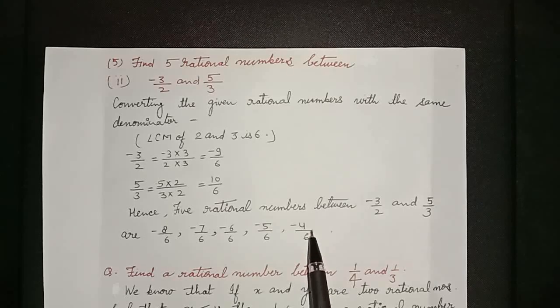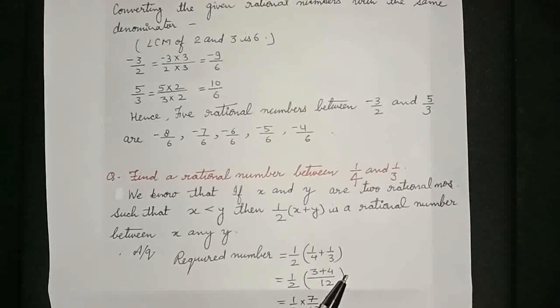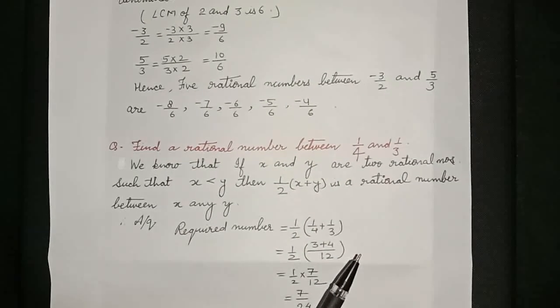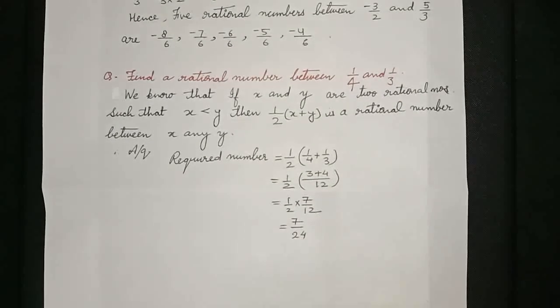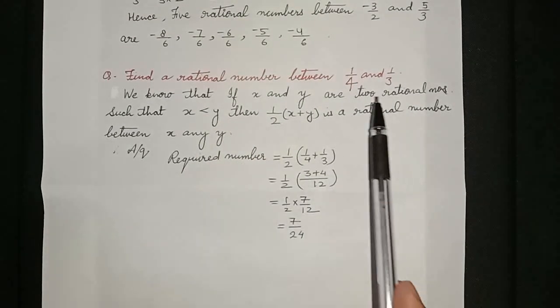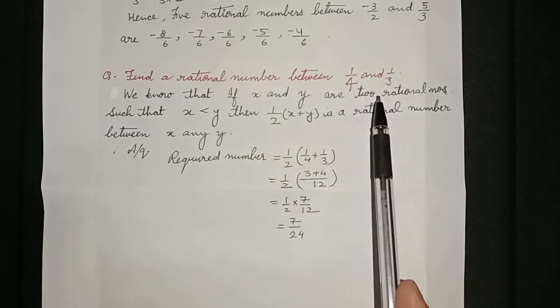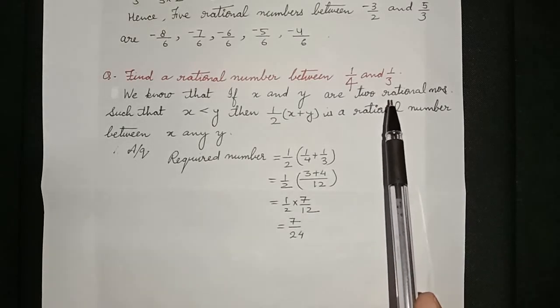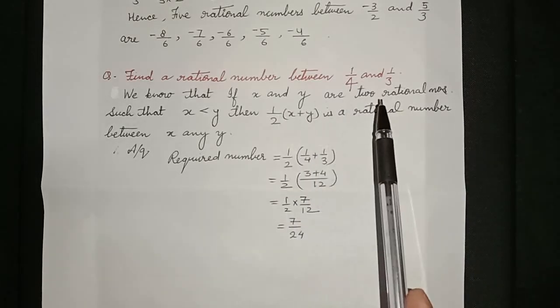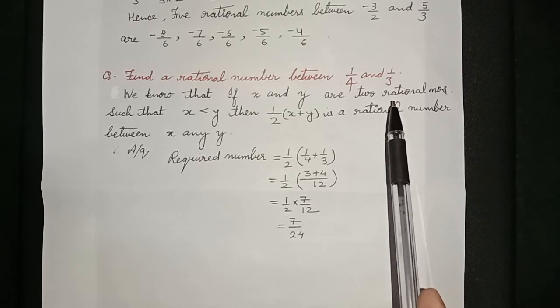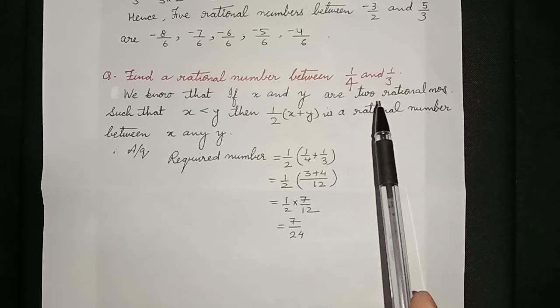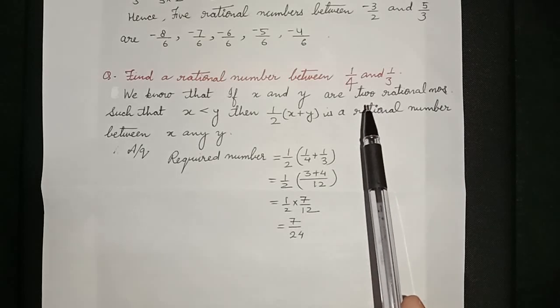Now the last question, which now I am going to explain you. Here you have to find one rational number between the given two rational numbers. If you want to find one rational number between any two given rational numbers, one more method you can use.